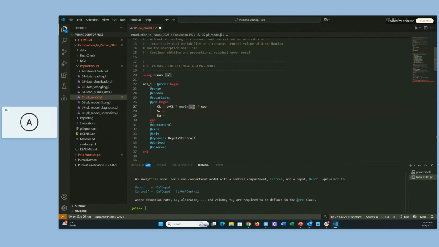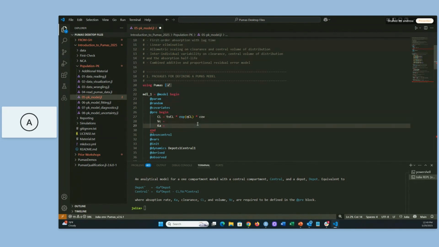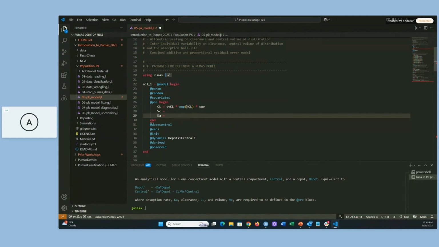Alternatively, if you want to individually code this, you could just call it eta CL as well. And just knowing then you aren't going to make a single line which is going to reflect a matrix, but you would have in your random block individual eta translations.